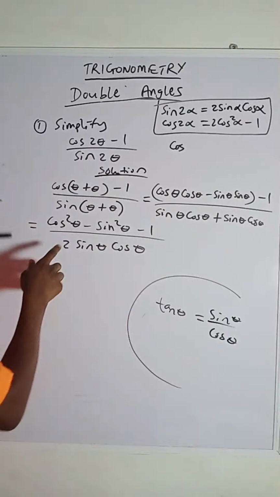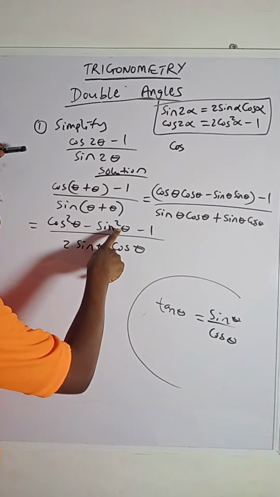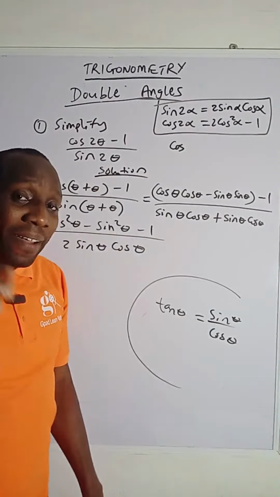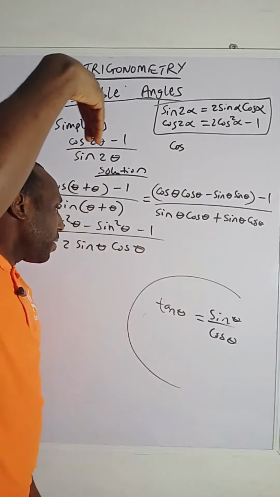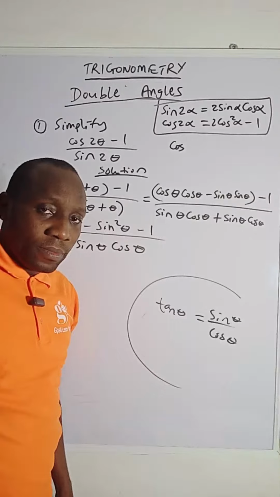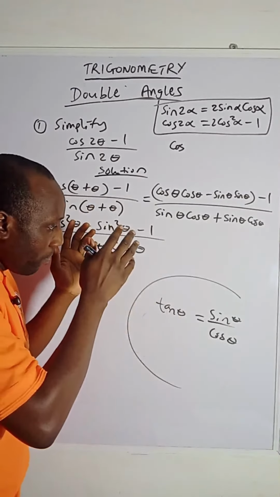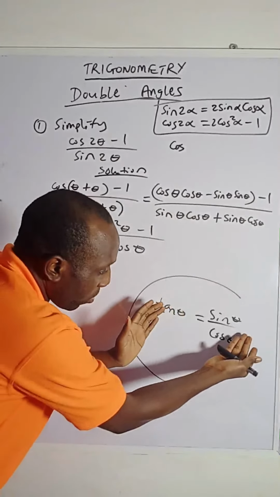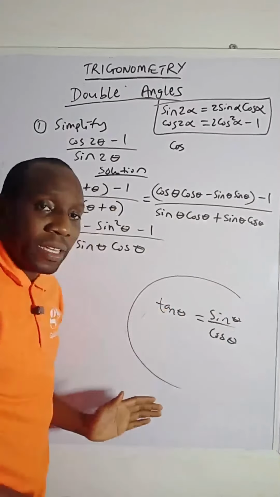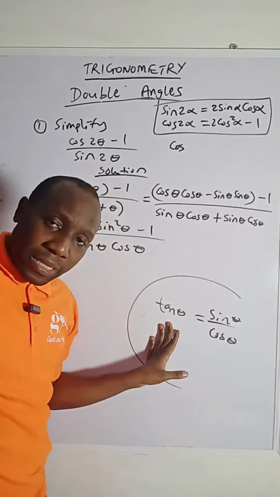So if you watch, this is cos square theta, this is sine square theta. I will try to make sure I have sine theta in the numerator. I'll try to preserve it in the numerator, because if by chance I happen to get something like sine theta over cos theta, then I'll just equate it to tan theta.